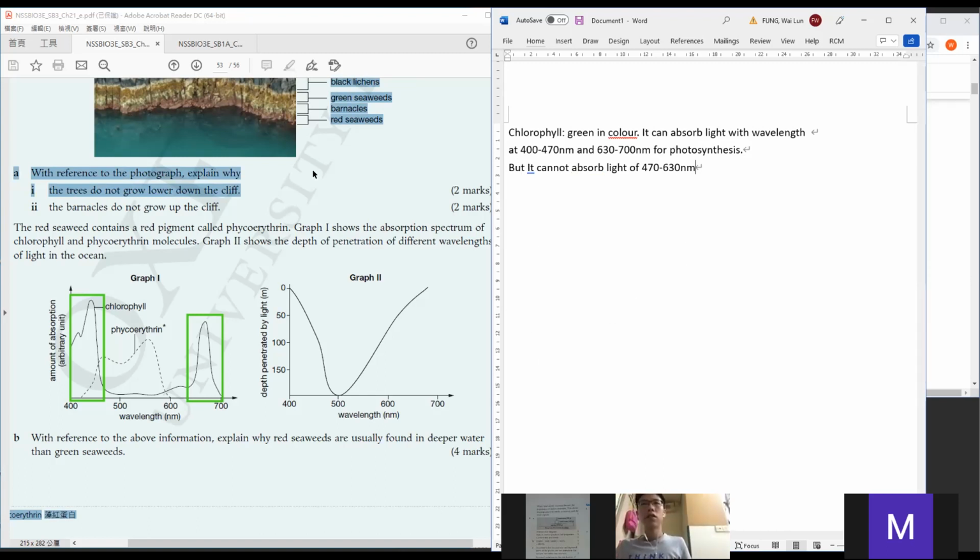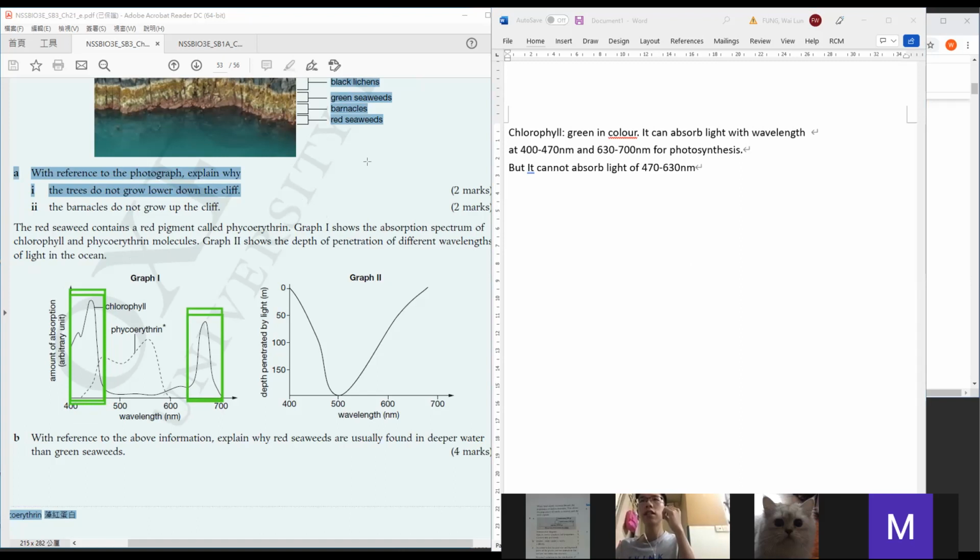So the cell with chlorophyll can only absorb these two ranges of light. Do you get this?